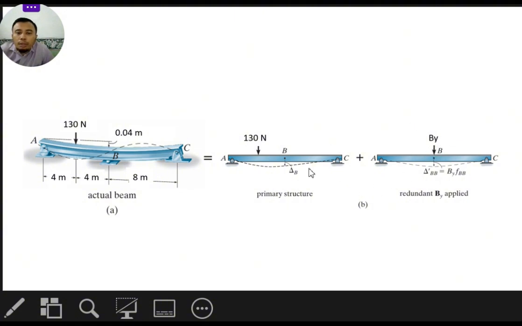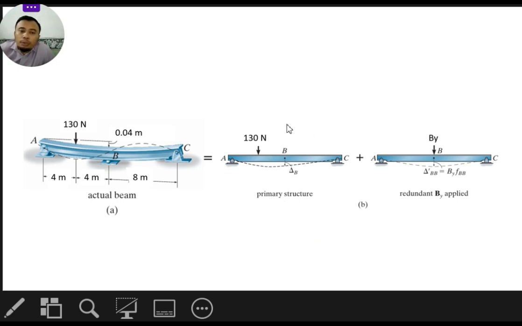As you can see here, both displacements are considered downwards, and the value of downward will be considered positive, but the direction of positive is up to us, as long as we are consistent.